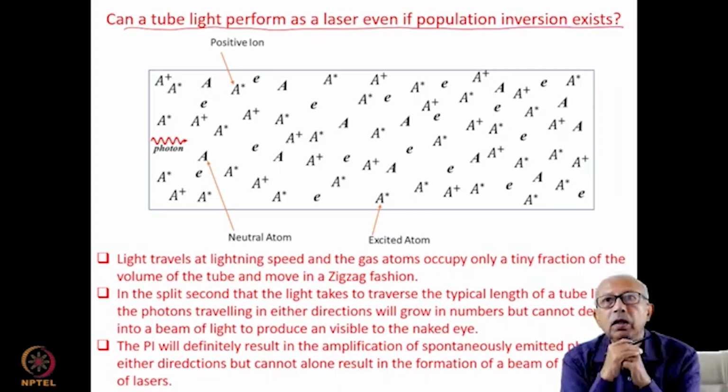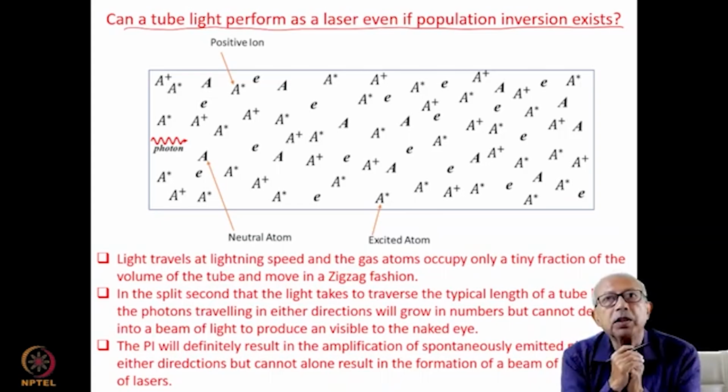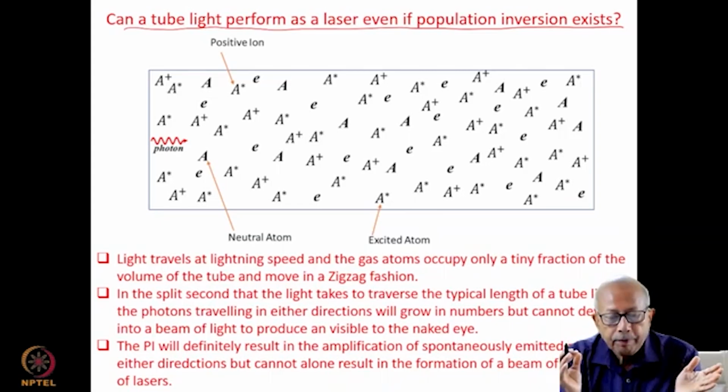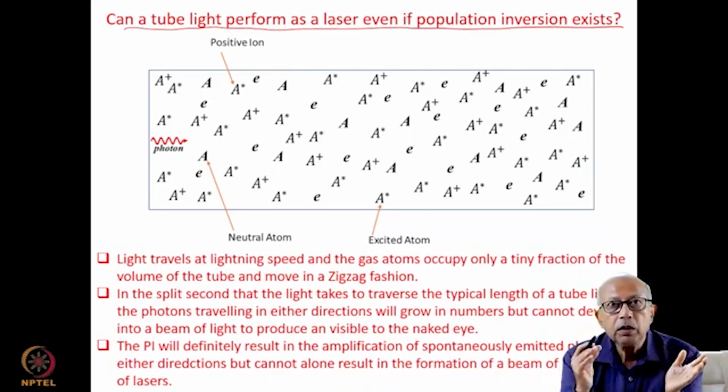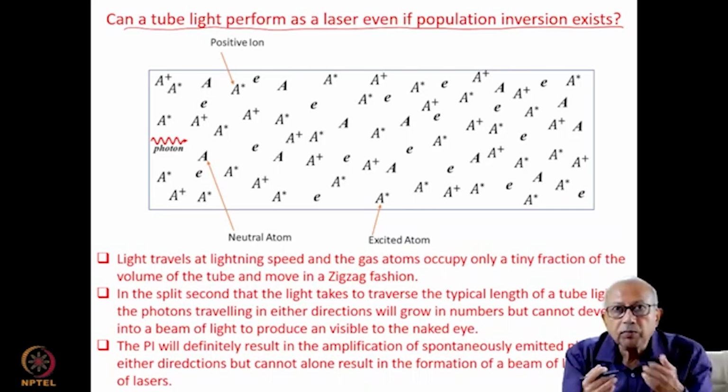We have, of course, earlier seen that without population inversion, amplification is not possible, because there will be more absorption than stimulation. Now we say that there is population inversion, and we ask if, in that case, the tube light can perform.